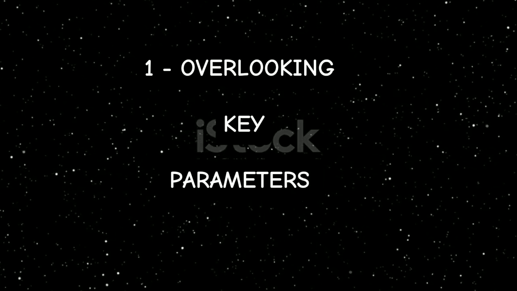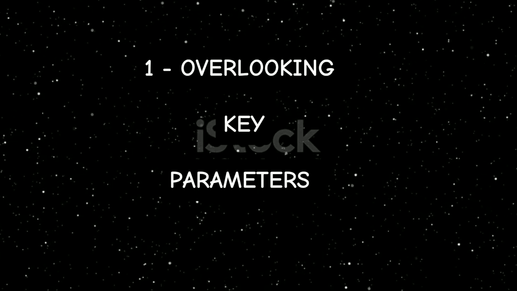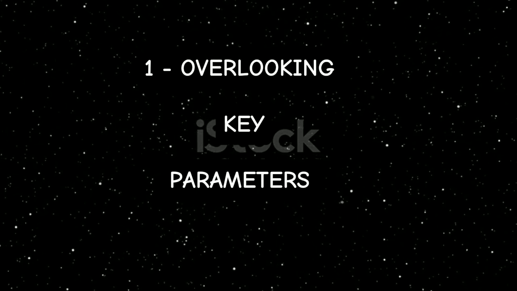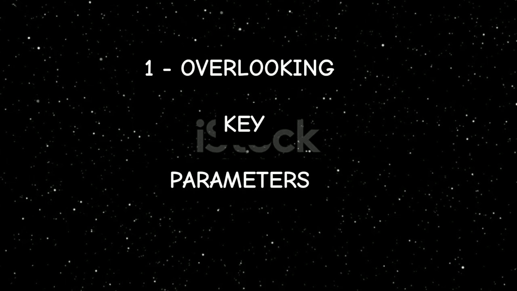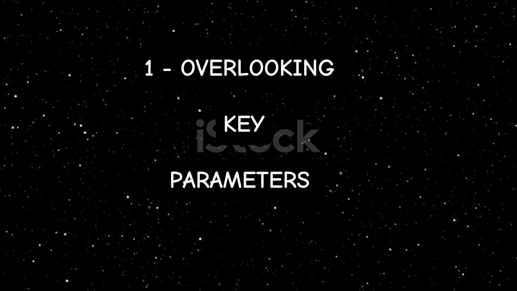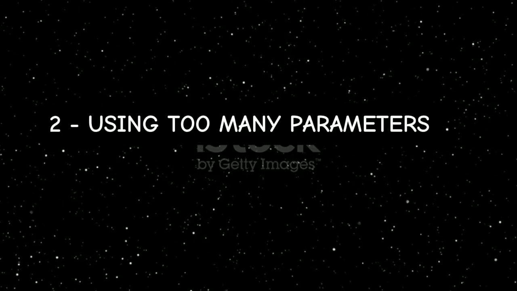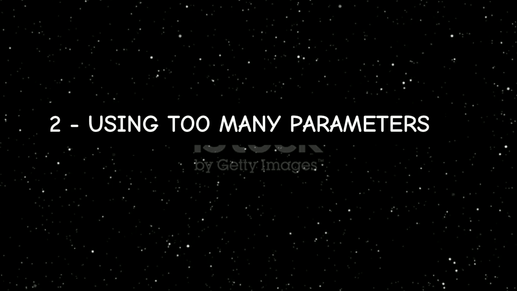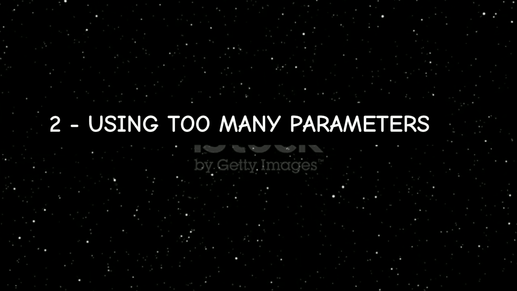Sometimes the team may focus too much on certain parameters and forget others that could be just as critical. Make sure you look at the entire system's parameters. Using too many parameters. Including every possible parameter can overcomplicate the analysis and distract from the most crucial ones. Keep it relevant and focused.